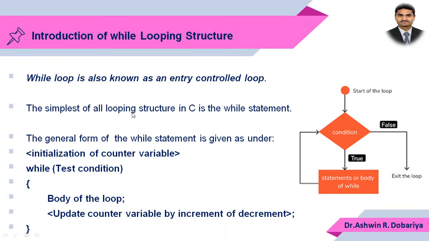And in C language, if you want to write a while loop, then the syntax of while loop is as follows. In the previous video we discussed that whenever you talk about the concept of loop, we also have to think about one counter variable. A counter variable is generally used to count the number of iterations, right? So in the syntax, first we have to initialize the counter variable.